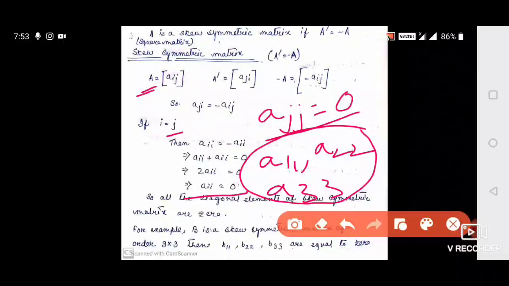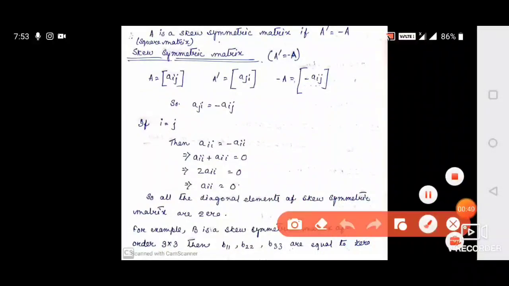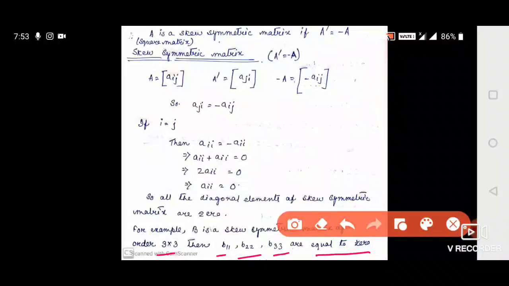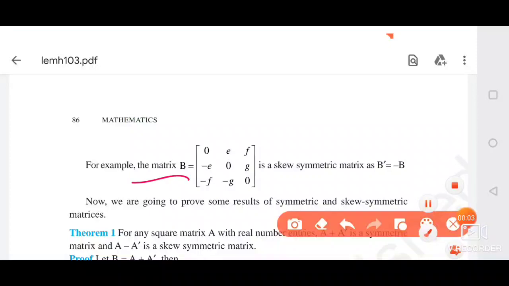So here I have written, for example, B is a skew symmetric matrix of order 3 by 3, then B11, B22 and B33 are equal to 0. Here the elements of B are represented by small b. This is the example of skew symmetric matrix, matrix B. Here you see the diagonal elements are 0.